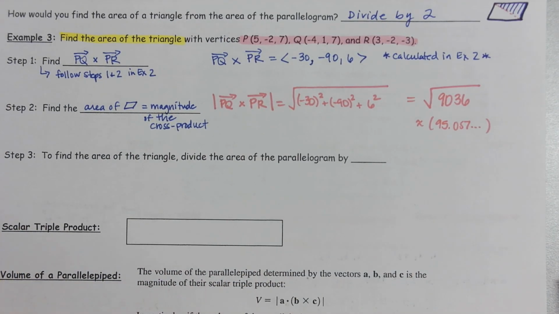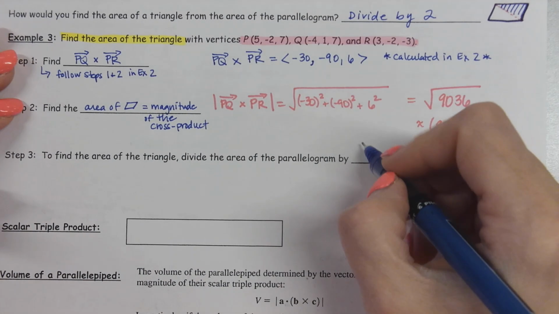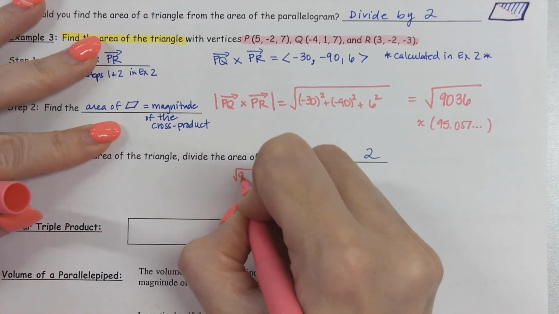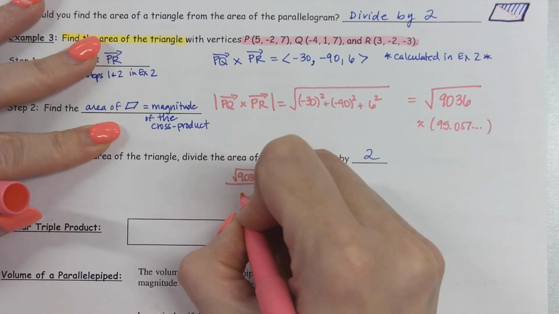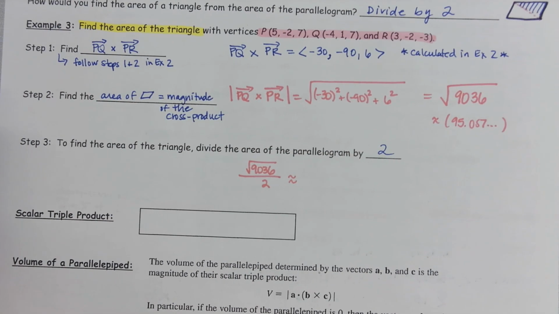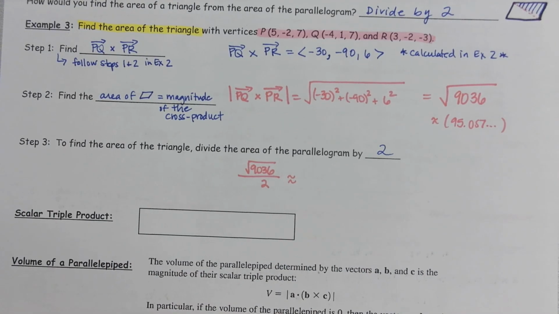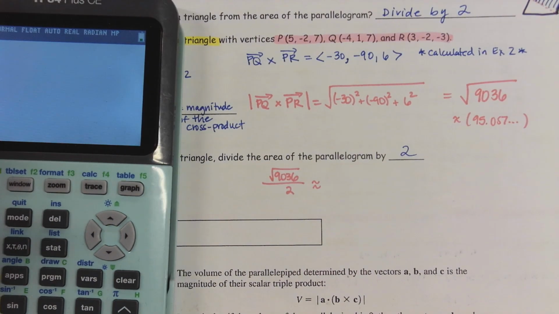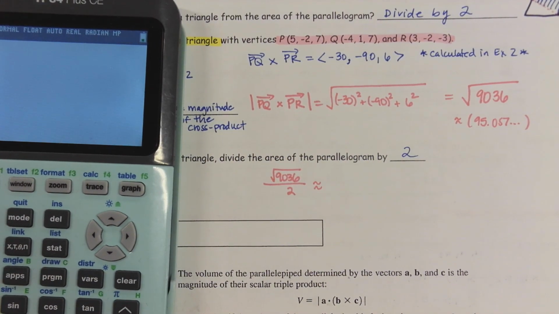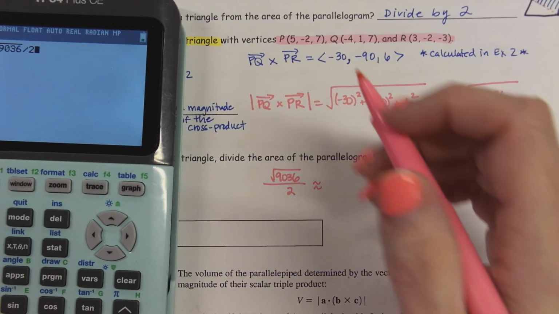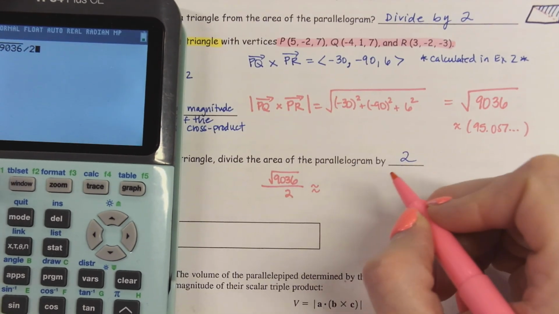So when you're finding the area of the triangle, you're dividing that by 2, and we're going to take that exact value and divide that by 2. So the square root of 936 divided by 2. Let me know what you get. 47.53.